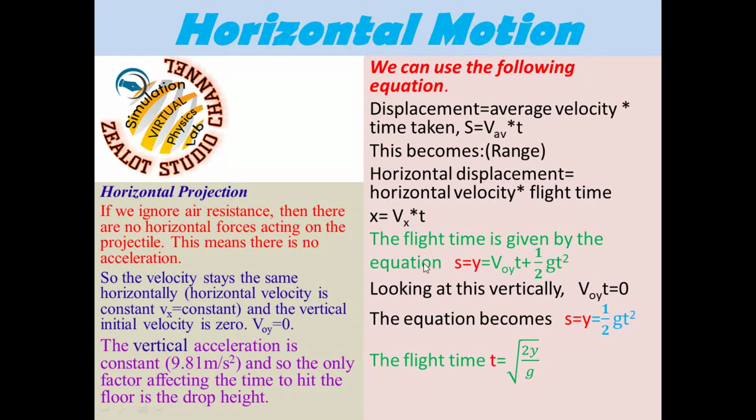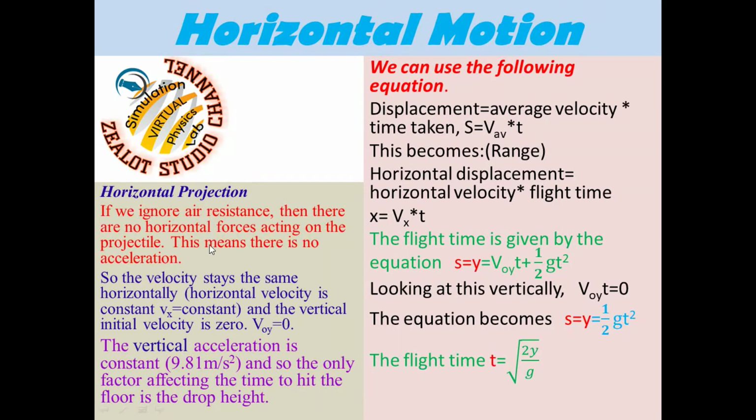The flight time is given by the vertical motion equation, a uniformly accelerated motion equation. Vertical displacement y equals v naught y t plus half g t squared.